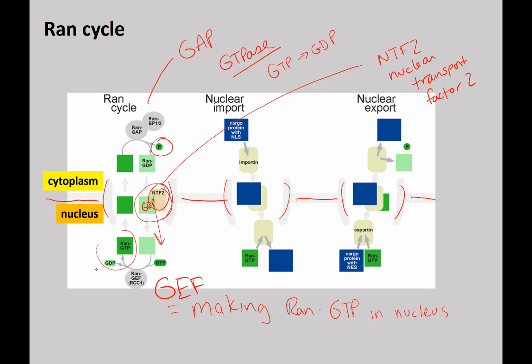So remember, RAN-GTP is used to move importin back to the cytoplasm to grab another protein. It's used to move, and you can see right here, importin. It's used to move exportin, right? And then you've got to get the RAN-GDP back into the cytoplasm to make more RAN-GTP so you can continue this pathway.